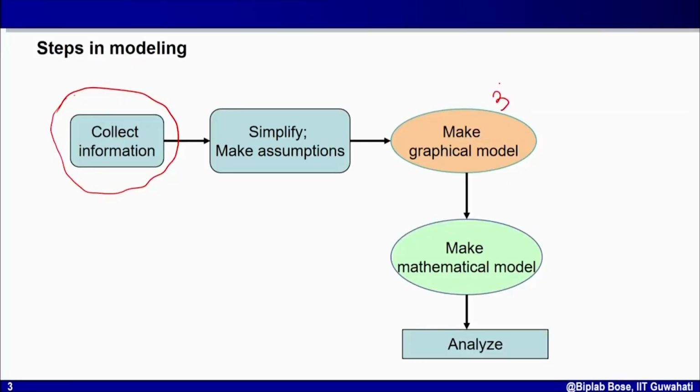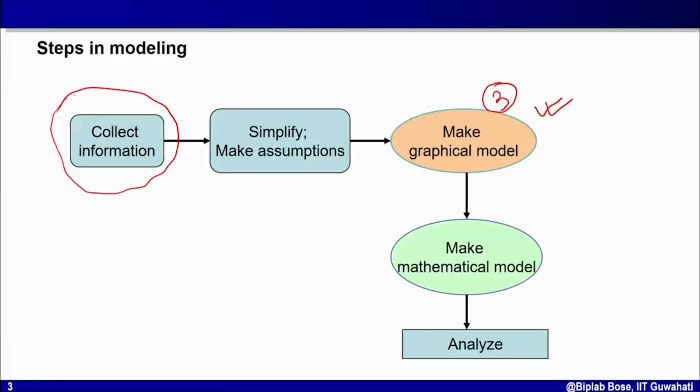Once you have made those assumptions, the third step comes: you make a graphical model. This is where you make a visual representation of the problem that you want to sort out through mathematical modeling. I will discuss this graphical model in detail in a couple of slides.